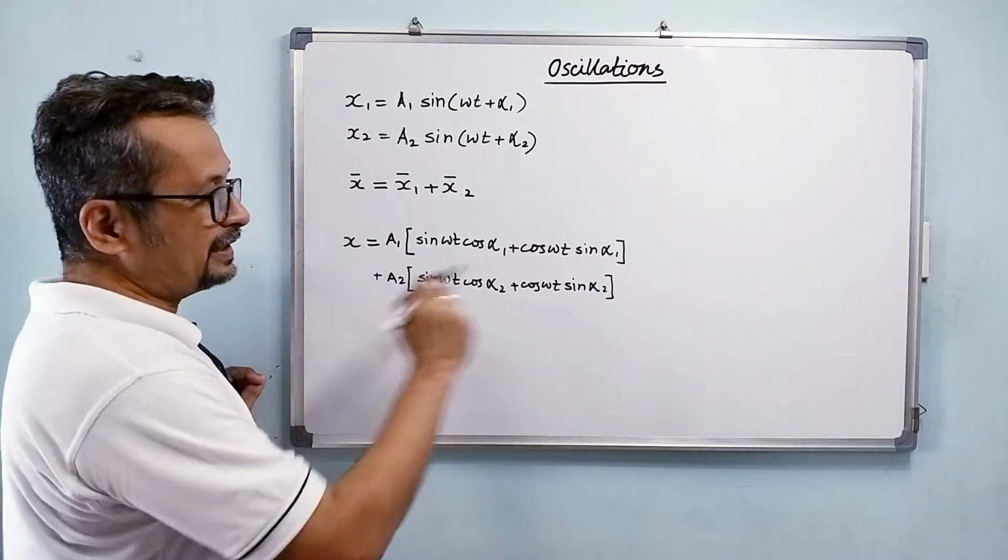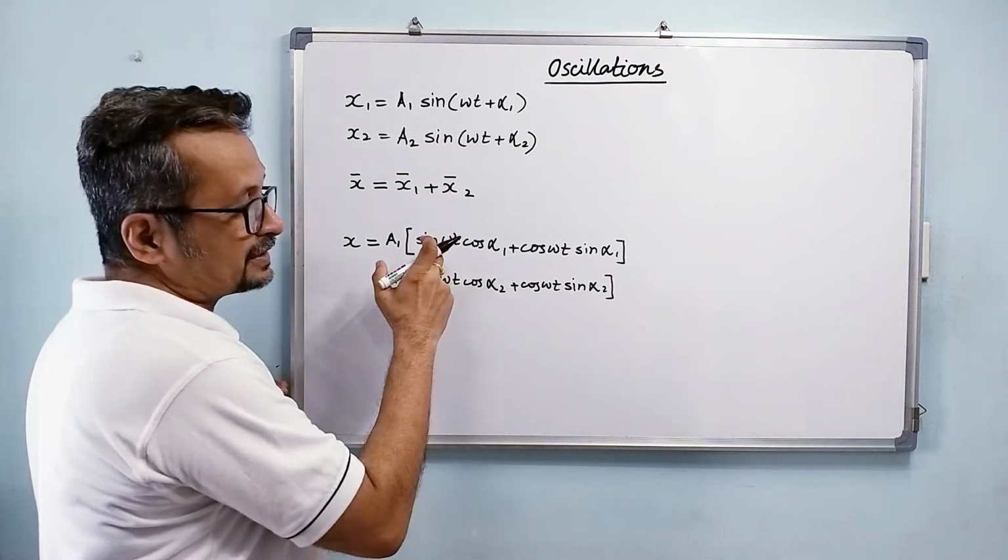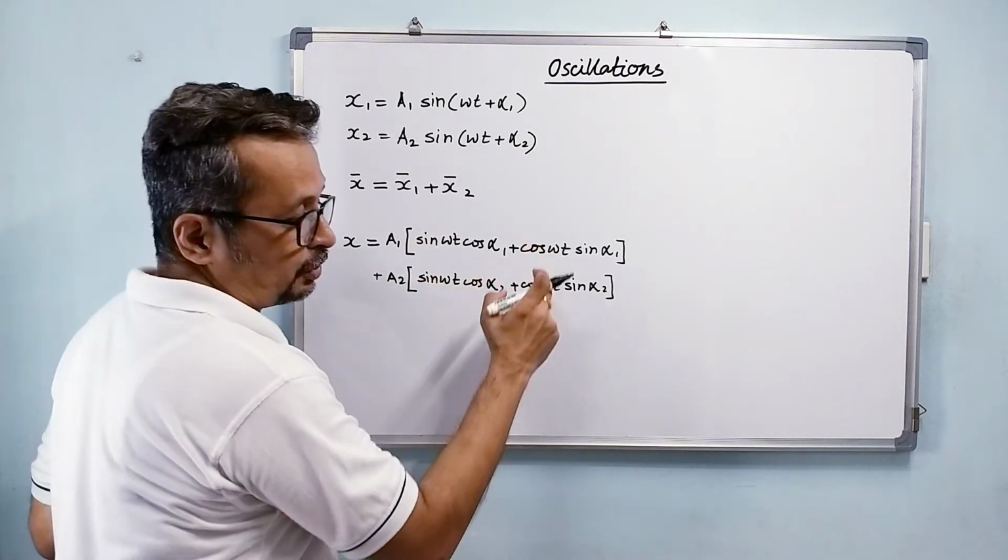I have purposely written them one below the other, so that I should be able to take sin ωt common here and cos ωt common here.